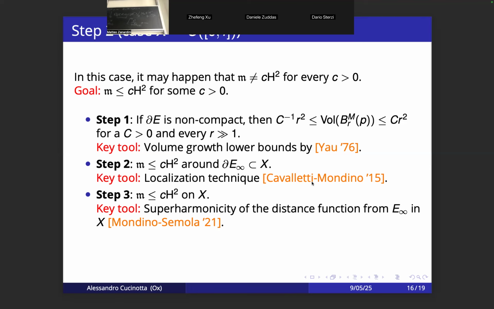So how we use this is that we have our manifold M, and we have the perimeter minimizing set E. Once we have proved that the boundary is totally geodesic, we consider the metric space given by gluing E along its boundary, which is smooth and totally geodesic, with the boundary times R plus.